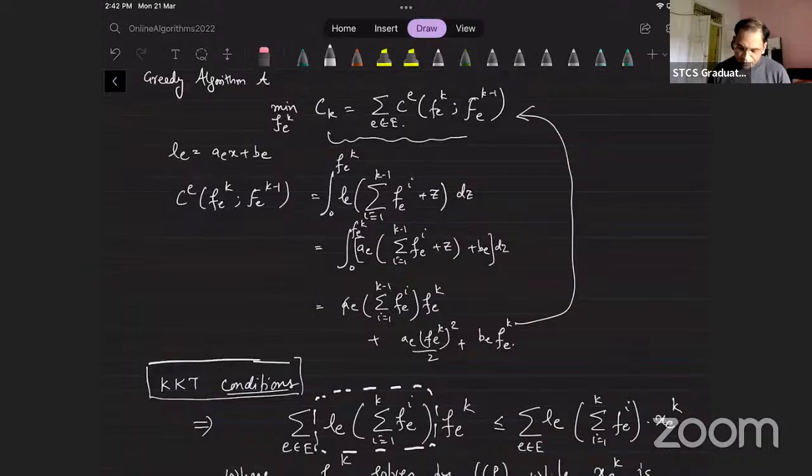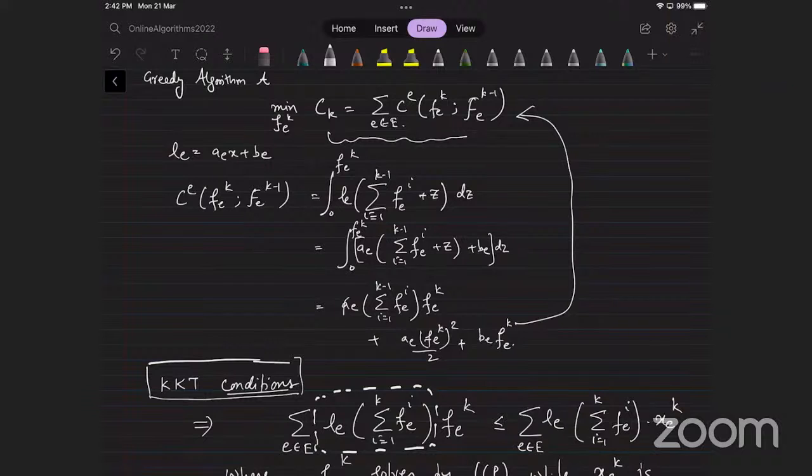And just look at the way the cost function is defined. Is my writing clear, right? That what we are asking? Okay.